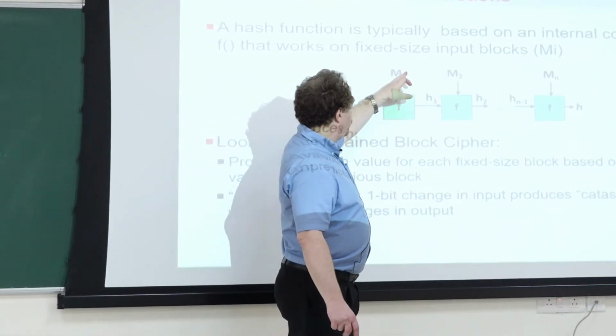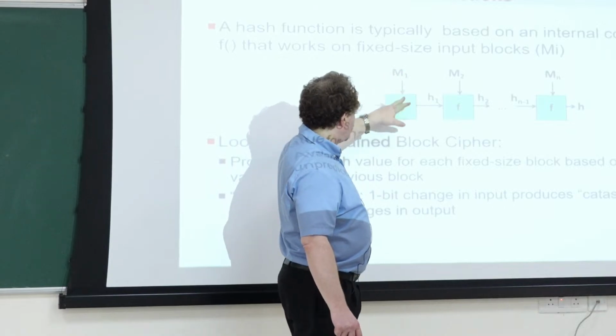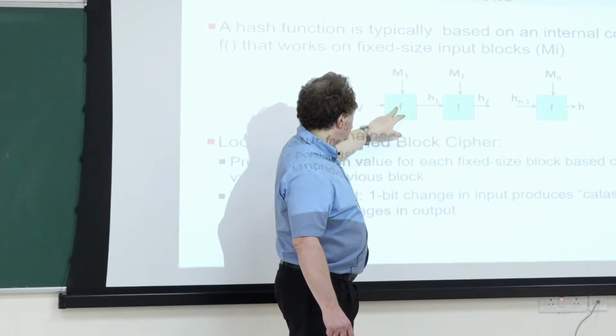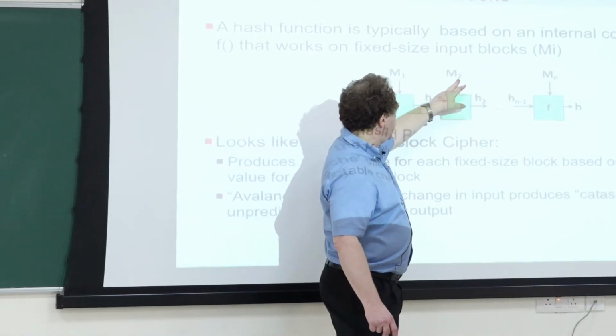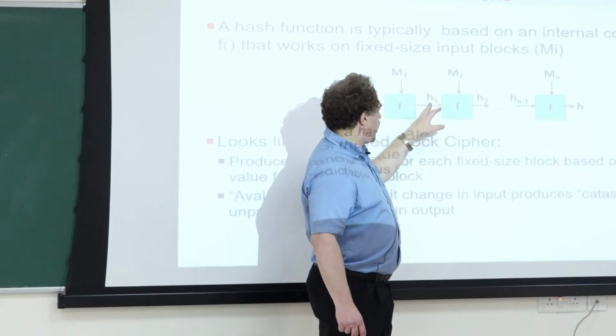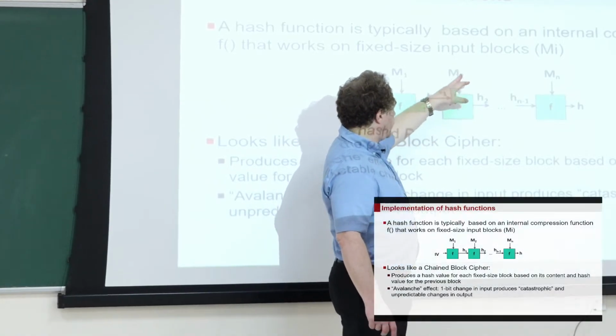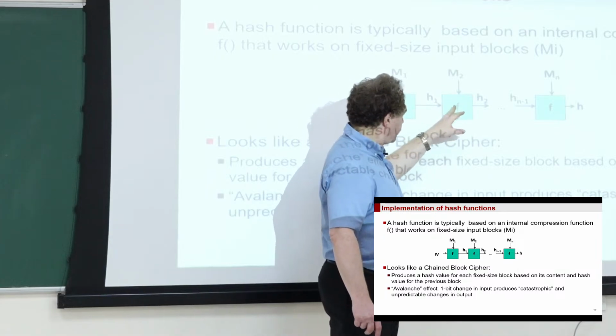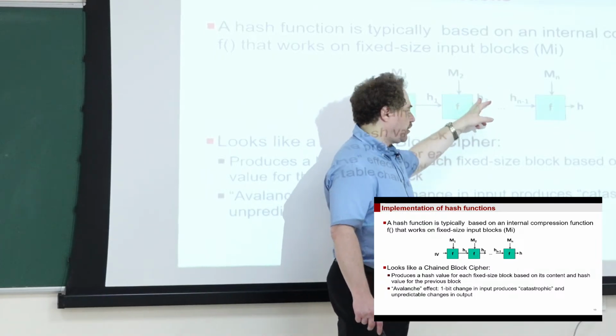There is no restriction on the total length of the input. We take the first block and compress it to calculate the hash value. Now, for the second block, we take the hash value from the first block and feed it into the compression function along with the second block. The compression function calculates the second hash value.